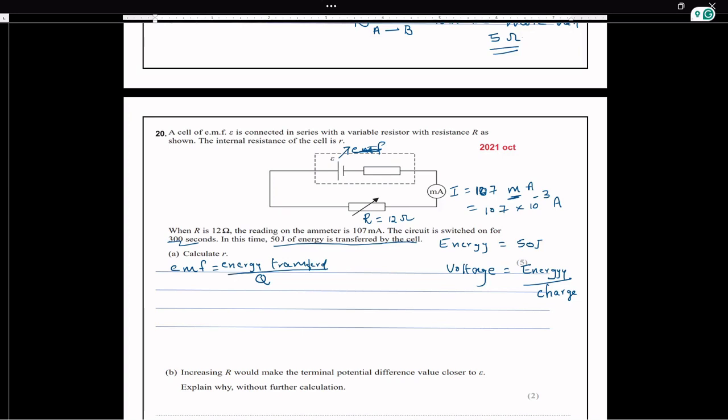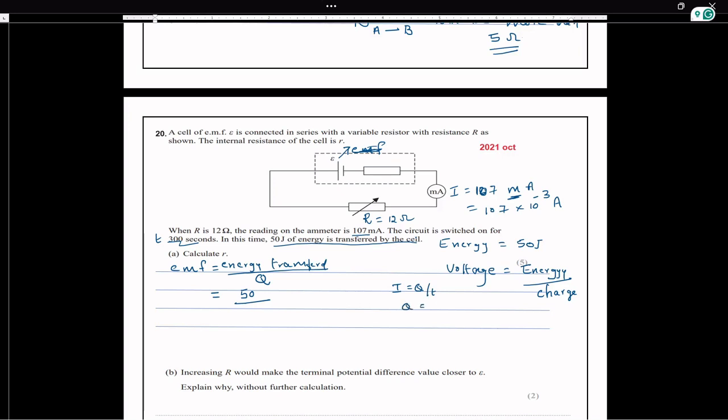So energy transferred is given here. Energy transferred is 50 joules, over what is the value of charge? See, there is a current given here, and also a time given. So we have a relation between current, charge and time.